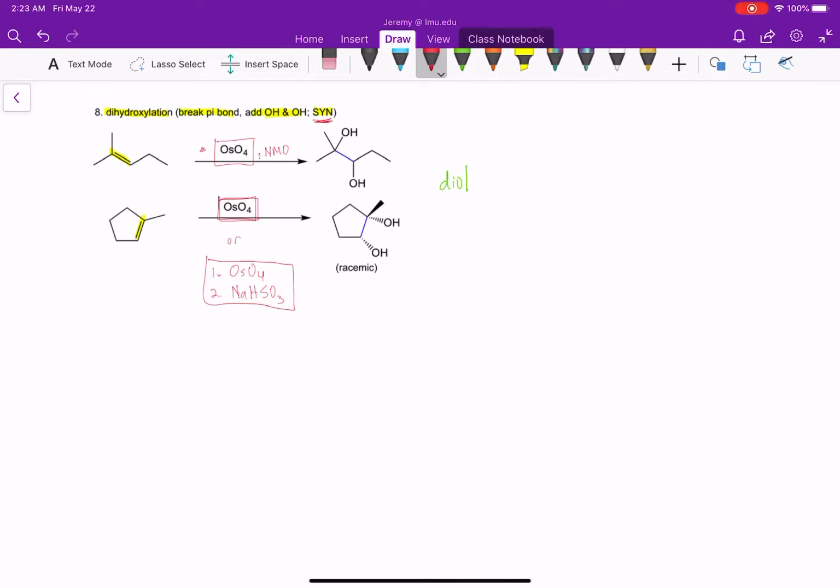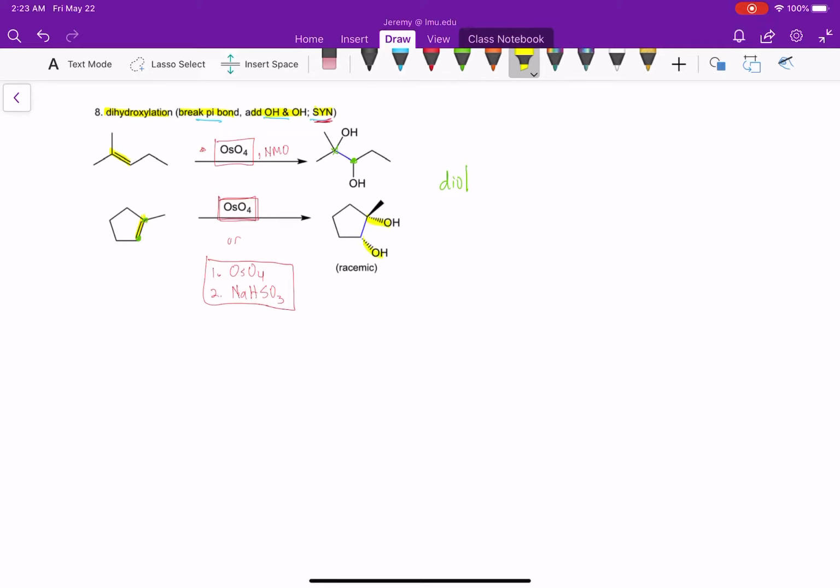All right? So looking at the reaction here, break the pi bond, add two OHs, make sure they're syn. In the top example, because we only have one stereocenter, I don't have to draw in my dashes or wedges. That is not a stereocenter. In the bottom example, we're going to break the pi bond and add the two OHs, and here we just have to note that they are syn, right?